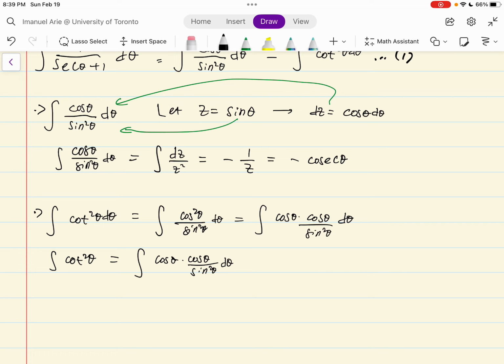Since we already know the integral of cosine theta divided by sine squared theta, we can just assign it as dv, because we already know the integral when we try to find v, and let u become cosine theta.